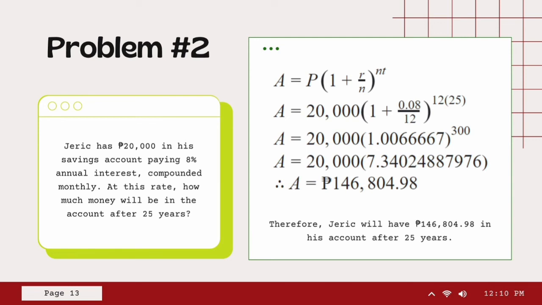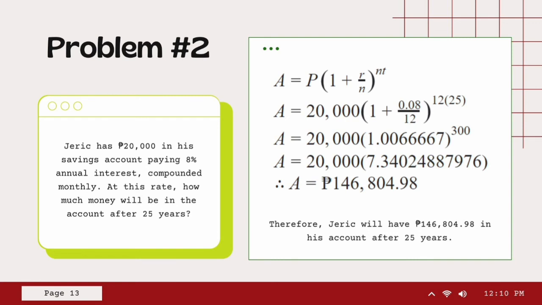Next, we do the necessary operations inside the parentheses. It becomes A equals 20,000 times 1.0066667 to the power of 300. Then, we calculate for the value when raised to the exponent, which is 300.